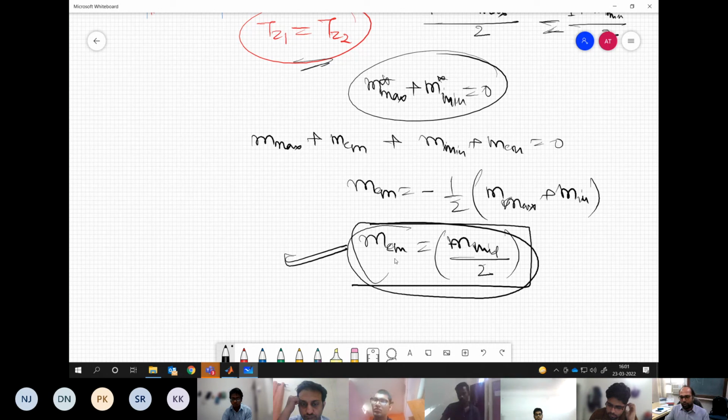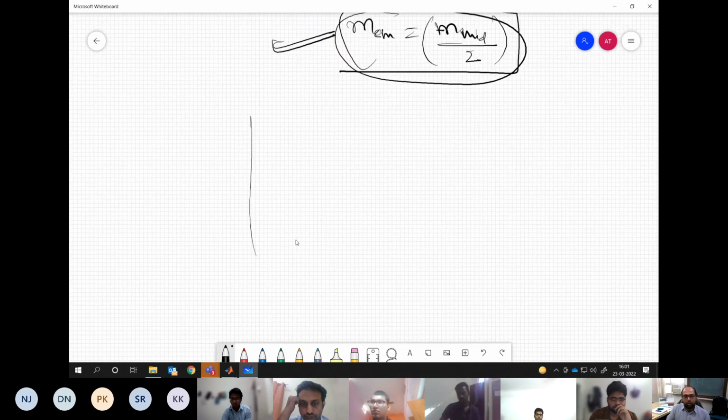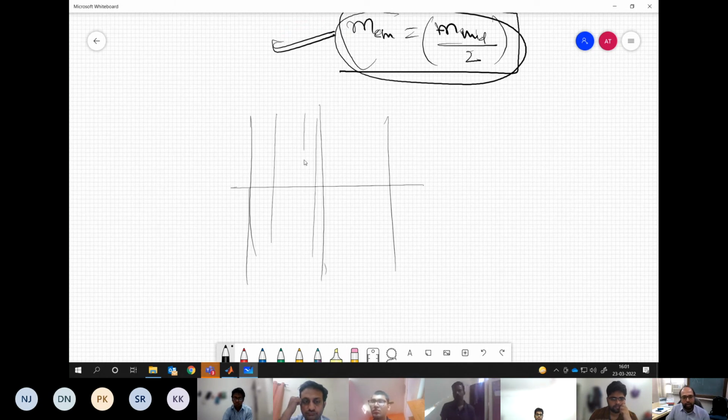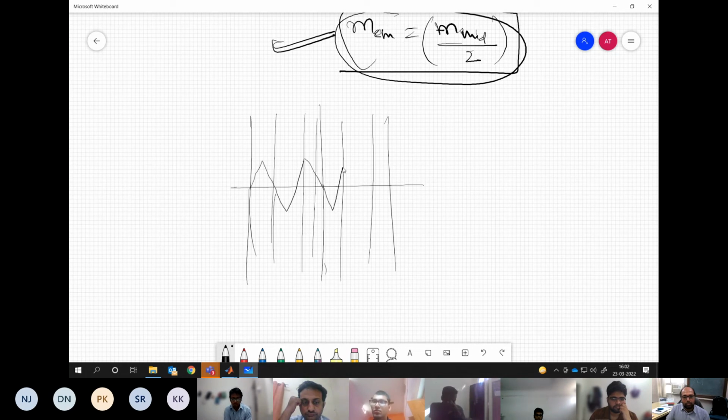And this common mode, if you try to plot, it will look like a triangle. Something like, if you have this as the full cycle, something like this triangle it will look like.